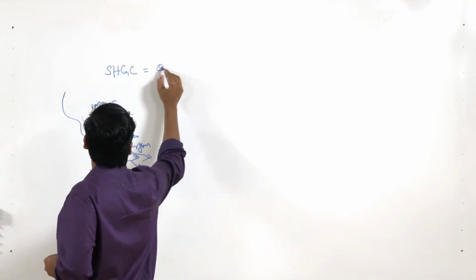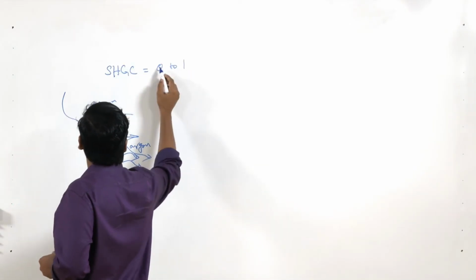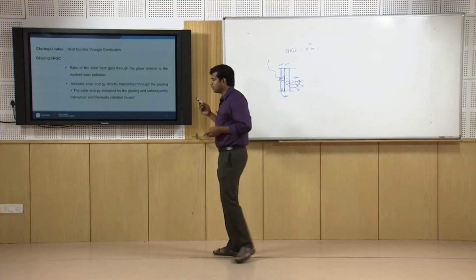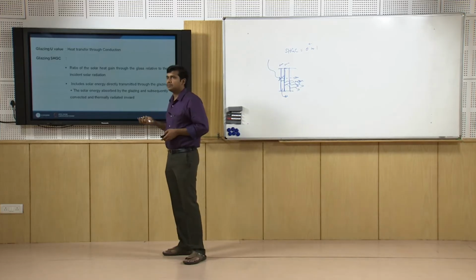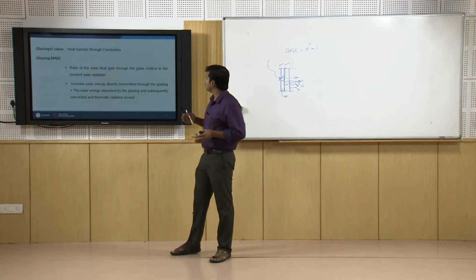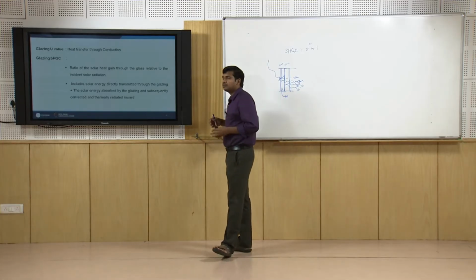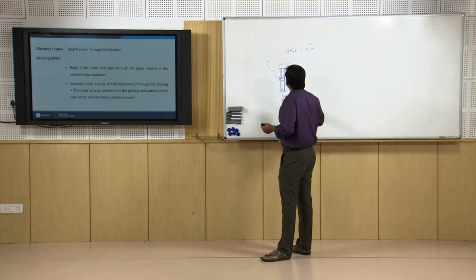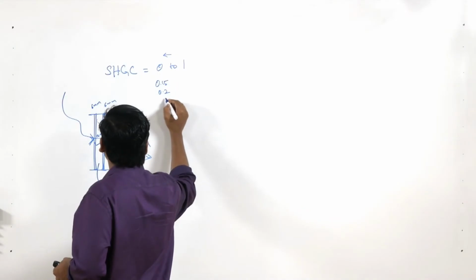It ranges from 0 to 1. The closer to 0, the more efficient the glazing system. Today we talk about highly efficient low emissive glazing systems, which will have an SHGC close to something like 0.15 or 0.25.